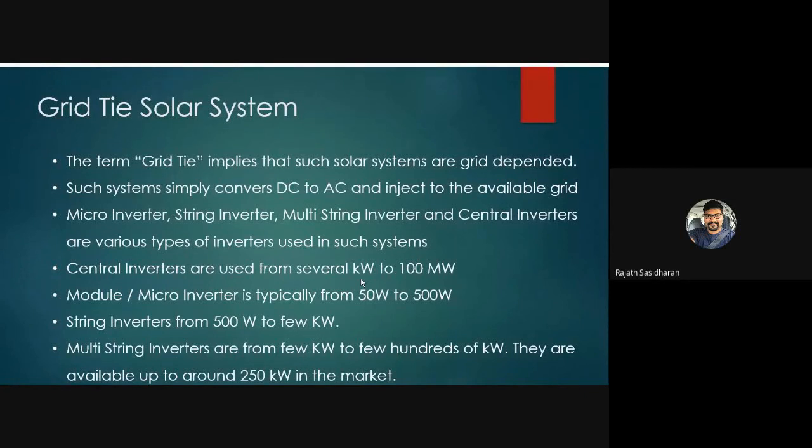The module or micro inverter is typically from a few watts, say 50 watts to 500 watts. You will find string inverters from 500 watts to a few kilowatts, and you will also see multi-string inverters from a few kilowatts to a few hundreds of kilowatts. Say, I've seen up to 250 kilowatt rated multi-string inverter.